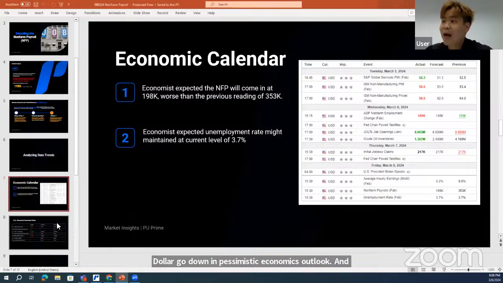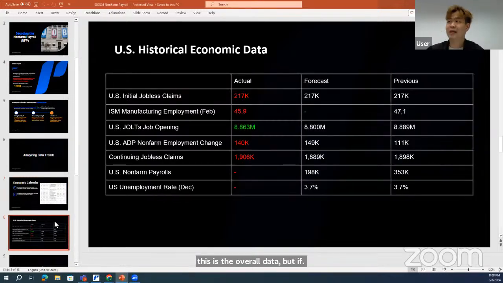But if we only focus on the US jobs data, this is the historical US jobs data in the past 2 weeks. If we mainly focus on the jobs data and ignore other manufacturing data, you can notice that over the past week, the US jobs data readings have become worse than the market expectations.